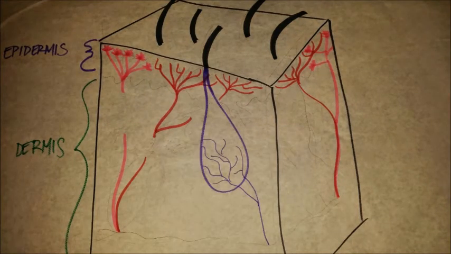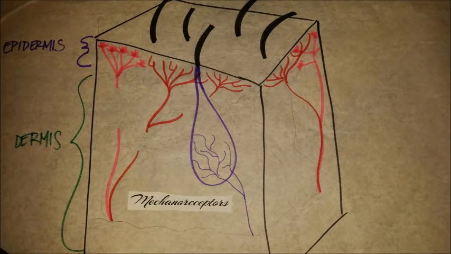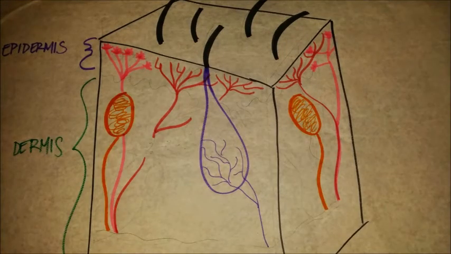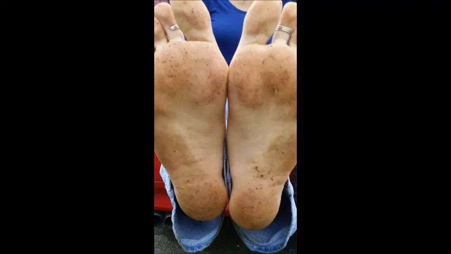The next structure is the Merkel discs. These are modified free nerve endings, as you can see in my wonderfully handsome drawing. Merkel discs are only on the surface of the skin. These serve as mechanoreceptors, and since they are only on the surface of the skin, they are exteroceptors.